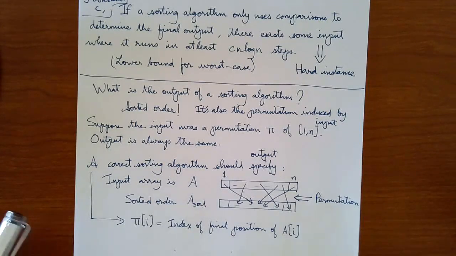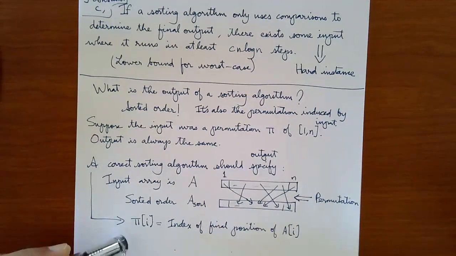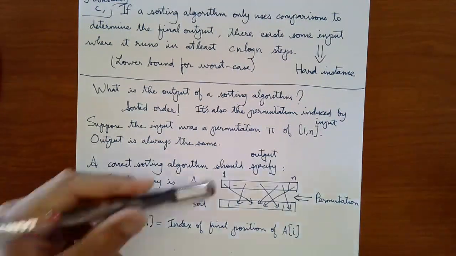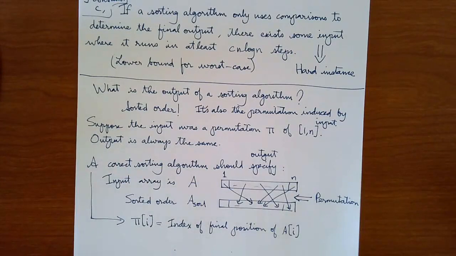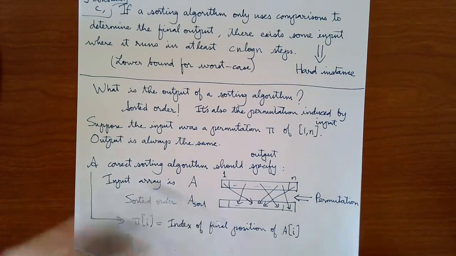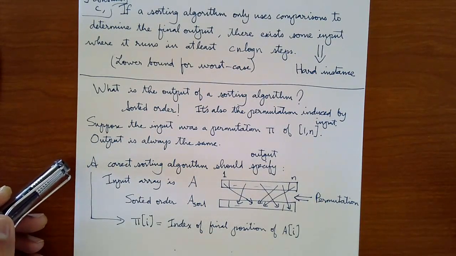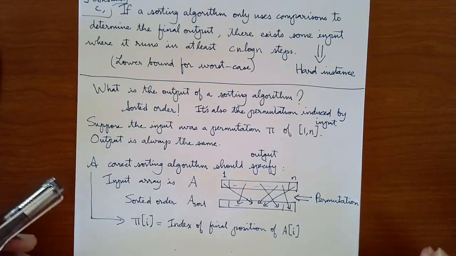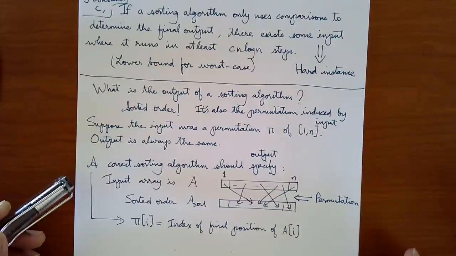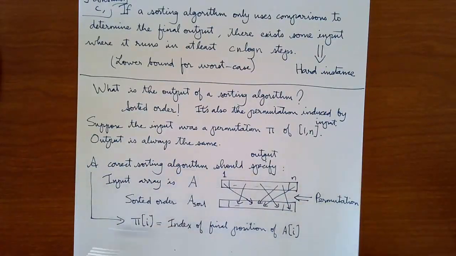And if you think about it, every time you do an operation, a data move, you could keep track of this exactly. Usually what does your sorting algorithm do? It does a swap. It moves something somewhere. And you could use that to keep track of where a particular element is.